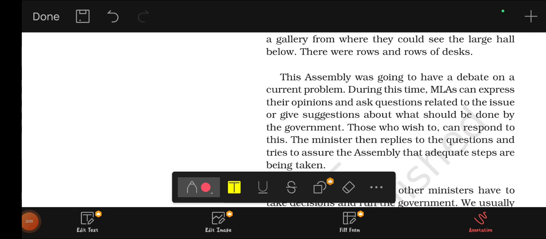Those who wish to can respond to this. The minister then replies to the question and tries to assure the assembly that adequate steps are being taken.